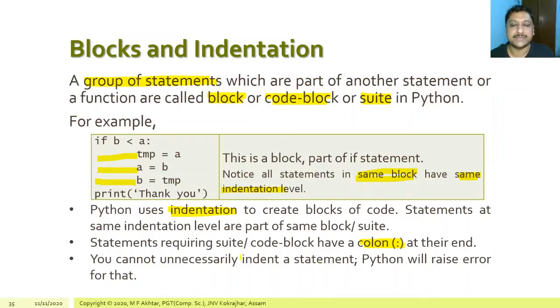Indentation is done only to make a group of statements a block or suite. Unnecessary indentation, or writing some statements at some places and other statements at other places, giving some spaces before that statement, gives you an error. So each statement must start in the same column, and if you want to make a block, a group of statements, then indent those statements by the same spaces.